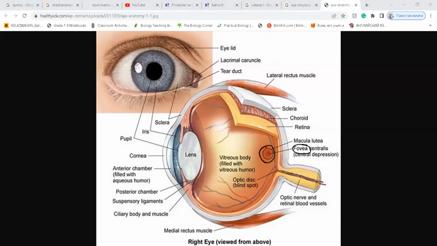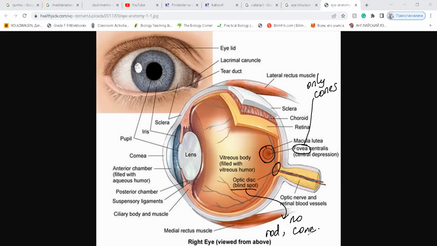So in the fovea, we have only cones. Another part, don't forget, is this area, which is known as the blind spot. Guys, in the blind spot, we don't have any photoreceptors. So there are no rods and cones in the blind spot.